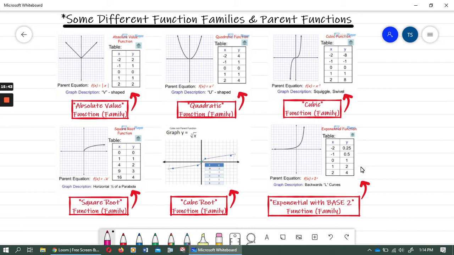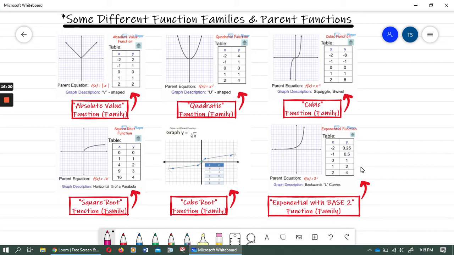Now, guys, it's important for me to note that exponential functions have different types. This particular exponential function that we're talking about here has a base of 2. All exponential functions have some type of base, and as part of the exponent, you're going to have the input variable, x, included.